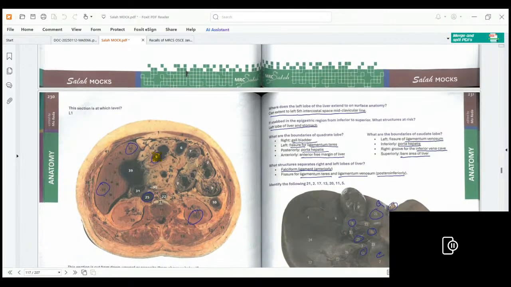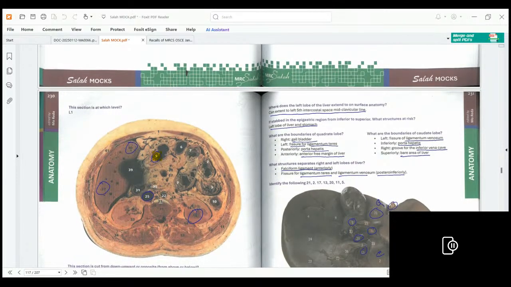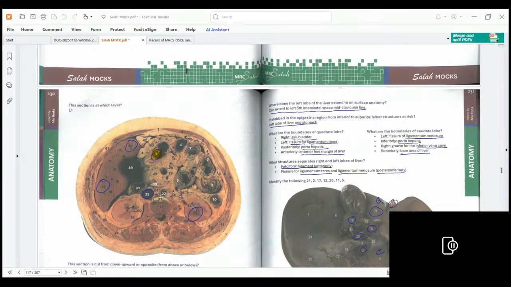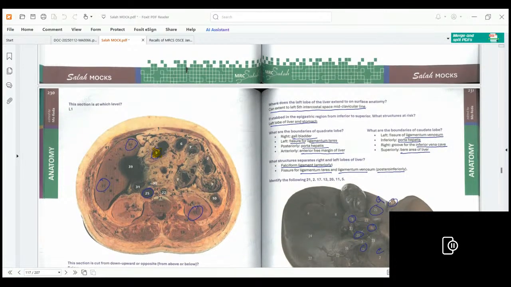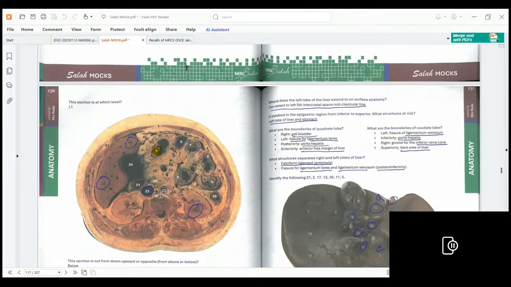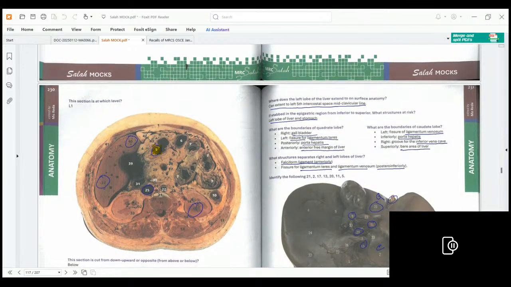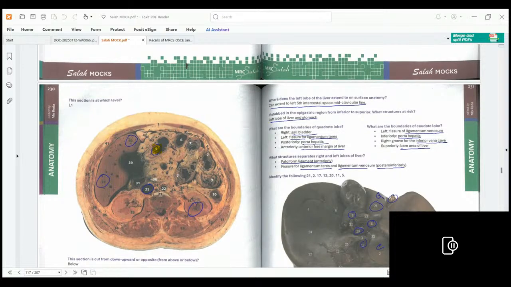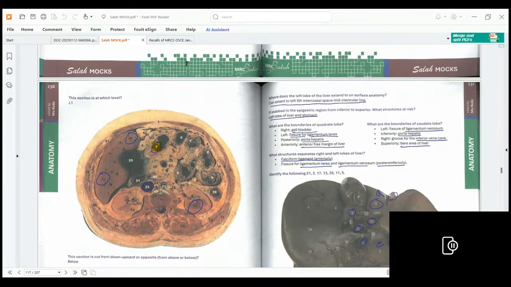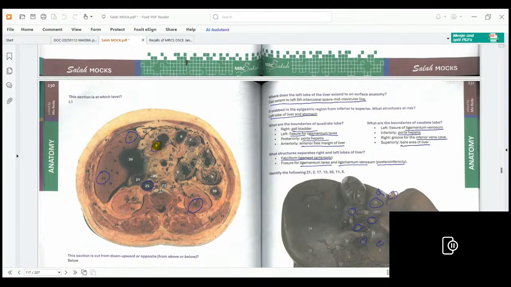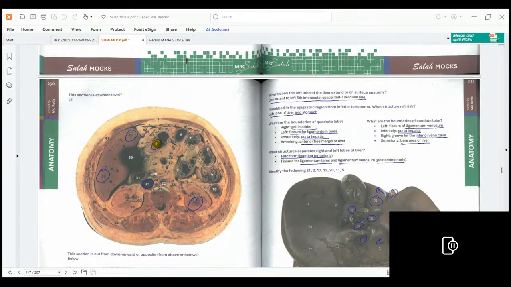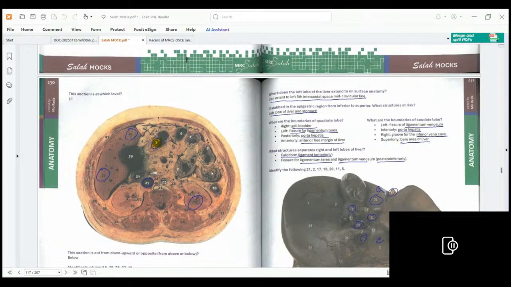Where does the left lobe of the liver extend on the surface anatomy? It can extend to the left fifth intercostal space and the left mid clavicular line.